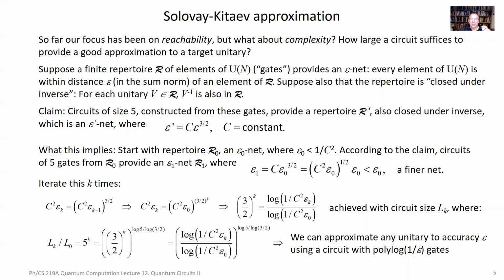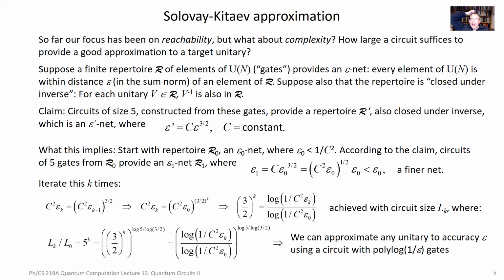But the key thing is that this is an epsilon prime net, where epsilon prime is of order c times epsilon to the 3/2. So if epsilon is small, epsilon prime is going to be smaller. Actually, there's some constant c, and we won't try to work out exactly what it is. But the point is that it's a constant. So once epsilon is small enough, epsilon prime will be smaller than epsilon.